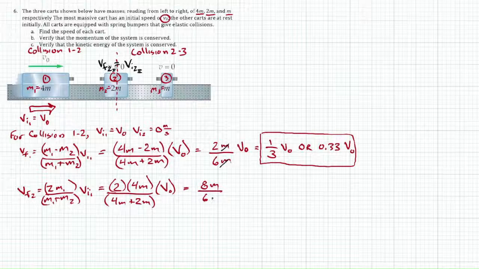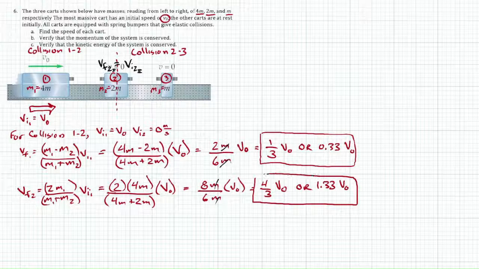It looks like 6m, right? Times VO. And we see our m's go away. They're going to cancel out and become 1. And that's going to simplify to 4/3 VO. Or you could say 1.33 VO. That's the decimal version of 4/3. Okay, so we have our final velocities for 1 and for 2.